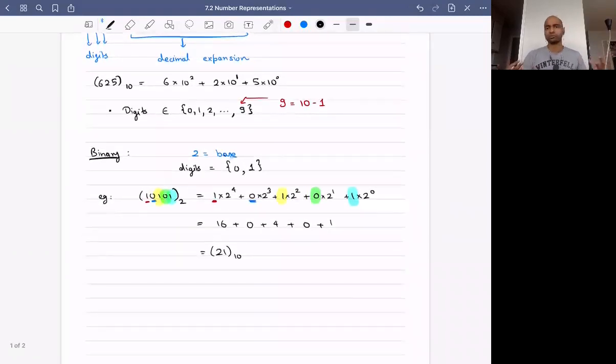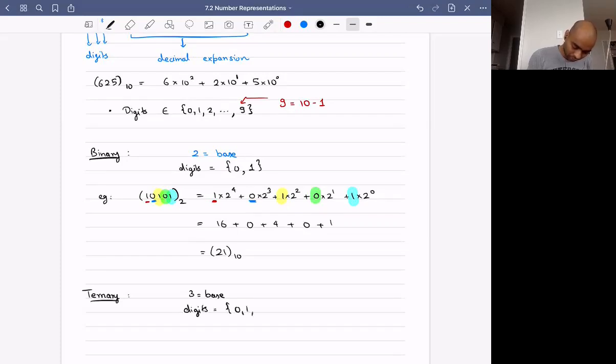So that's how digits in different bases represent numbers. You can have higher bases. For example, you can have the ternary base. Here the base is 3, and because the base is 3, the digits are 0, 1, 2. Let me just do a quick example. I can form any number using 0, 1, or 2. So let's say I do this in base 3.